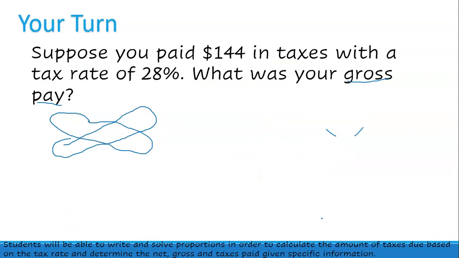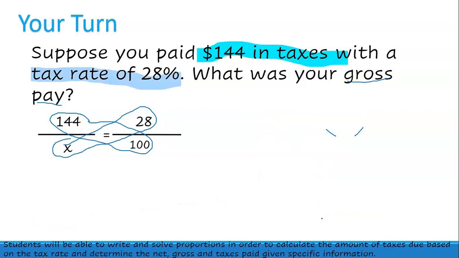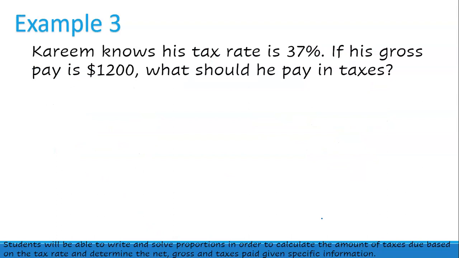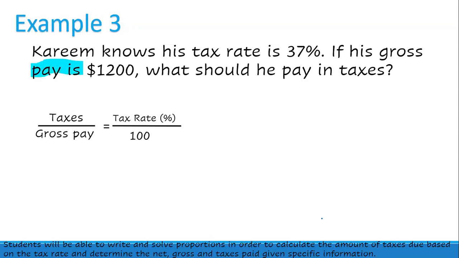So now we are going to calculate our taxes. Kareem knows his tax rate's 37%. If his gross pay was $1,200, what should he pay in taxes? Well, we start with the same proportion: taxes over gross pay equals the tax rate out of 100. His gross pay was $1,200.